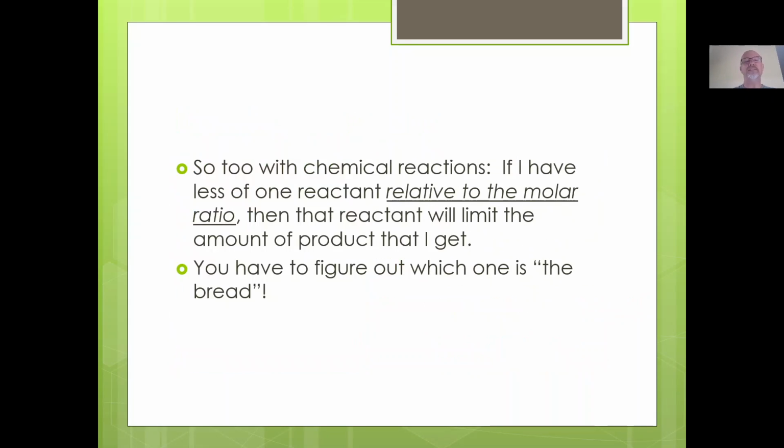The same idea applies in chemical reactions. If I have extra of one thing, at the end, I'm still going to have some of that left over. And the thing I have less of is going to get all used up. So if I have less of one reactant, but here's the thing, in terms of their molar relationships. So I have quantities in grams, usually.